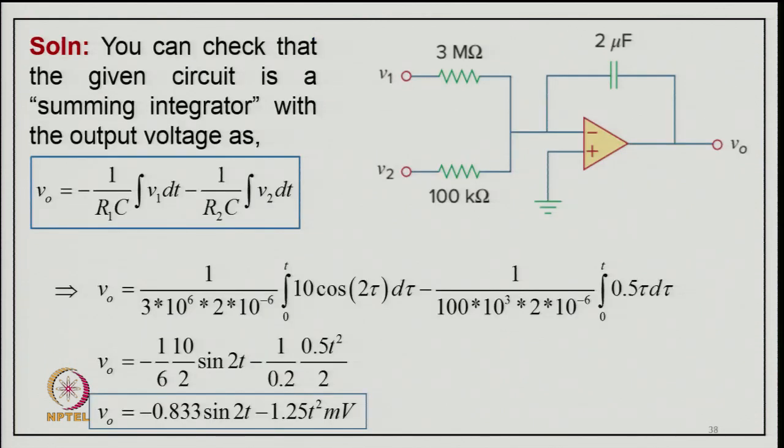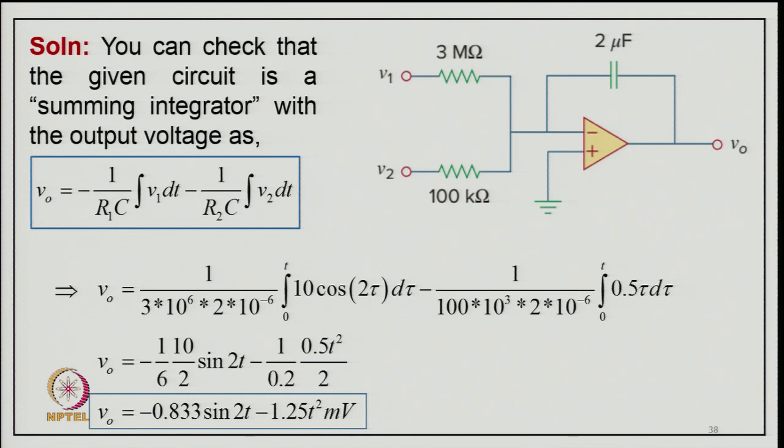So, you can check with the circuit that the given circuit is a summing integrator with the output equal to V0 equal to minus 1 upon R1C integration V1 dt minus 1 upon R2C integrating V2 dt. So, V0 will be minus 1 upon (3 into 10 power 6 into 2 into 10 power minus 6) integral 0 to t of 10 cos 2 tau d tau minus 1 upon (100 into 10 power 3 into 2 into 10 power minus 6) integral 0 to t of 0.5 tau d tau.